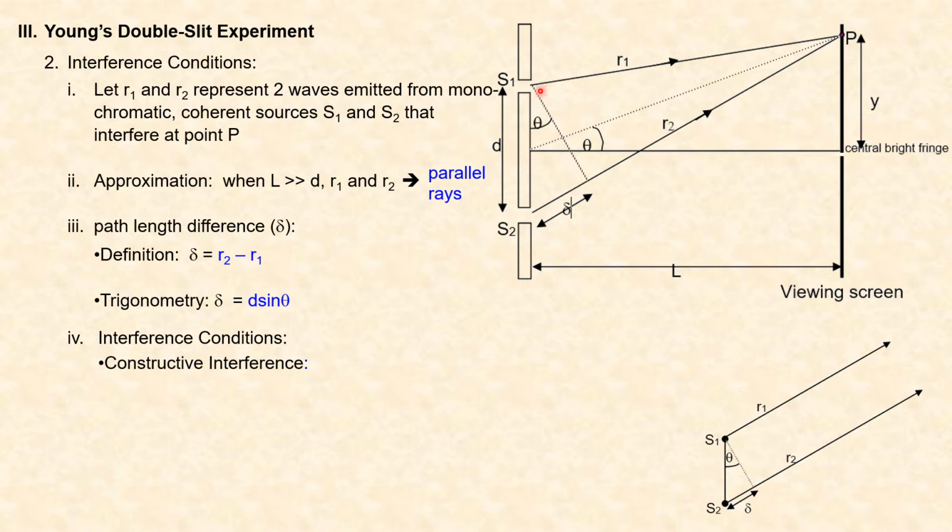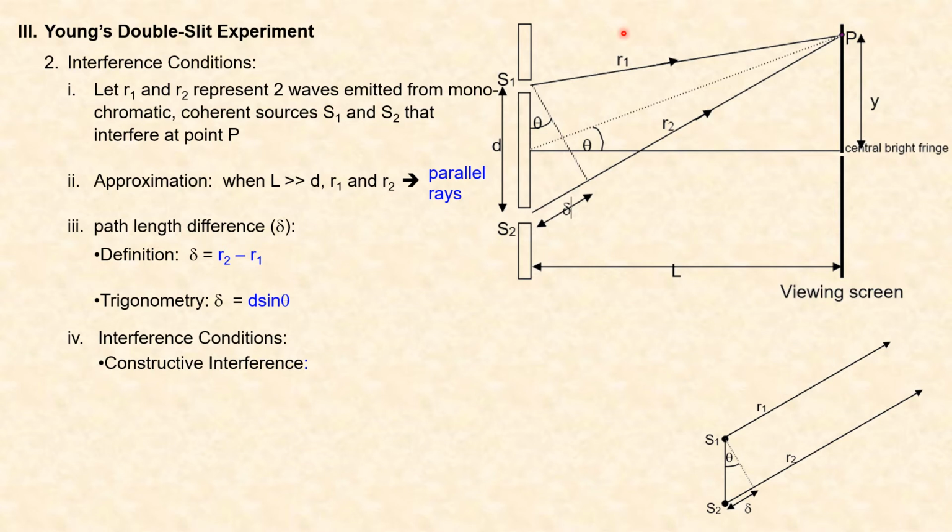If there was no difference in distance between the wave emitted from slit S1 and slit S2, and if both of these waves start out in phase, remember the conditions for light interference, this means that the waves emanating from both slits are both monochromatic and coherent. Monochromatic means same wavelength, coherent meaning that they are always in phase with each other.